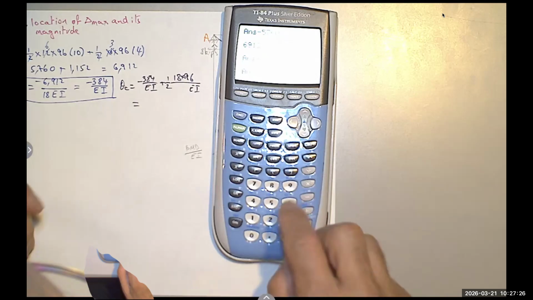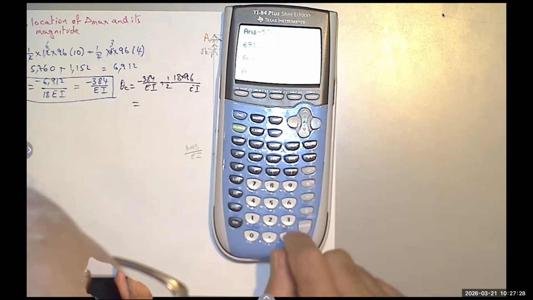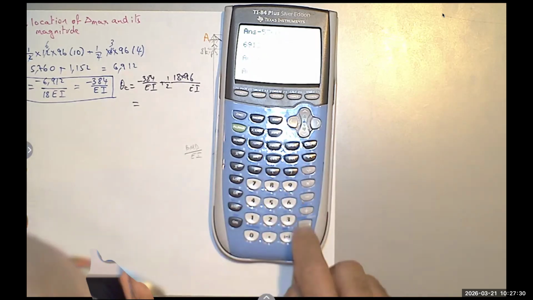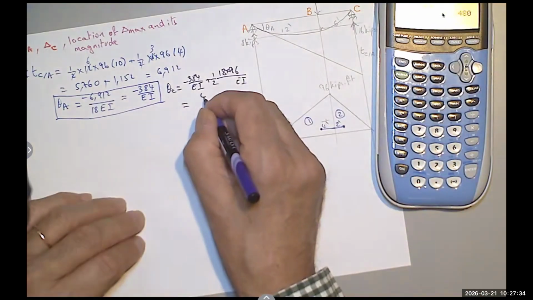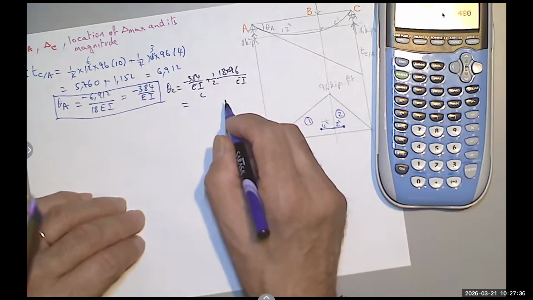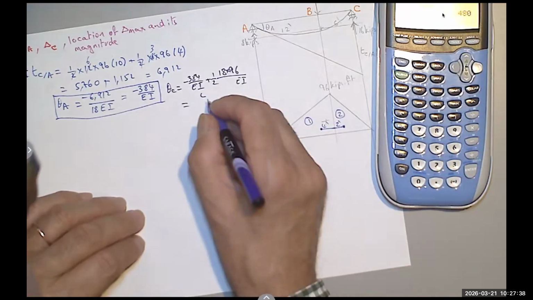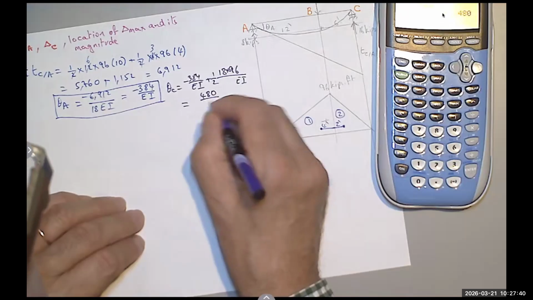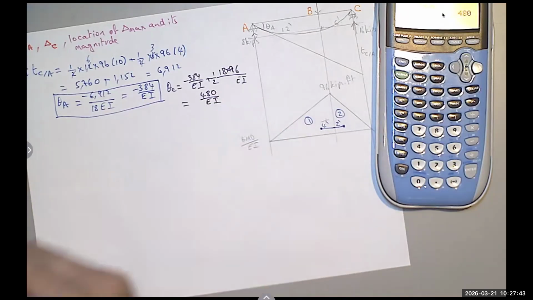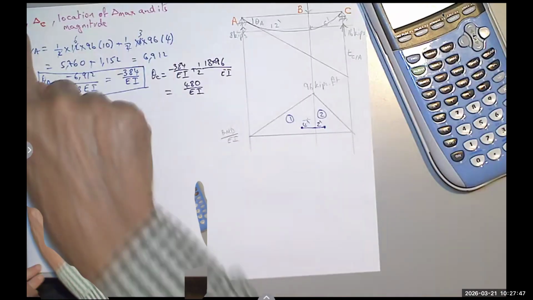So I get 480 over EI. So that's the first answer.